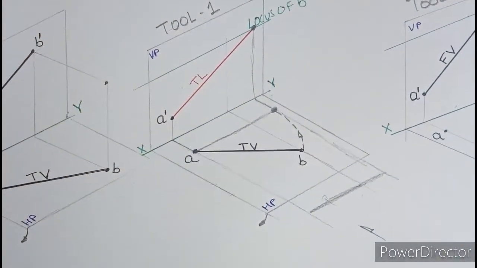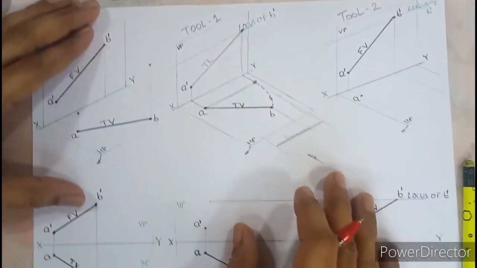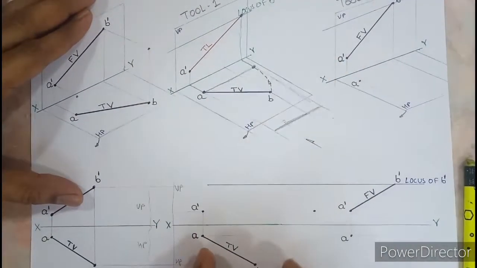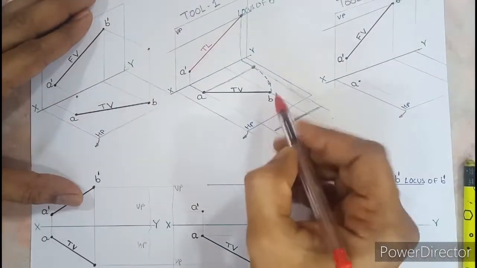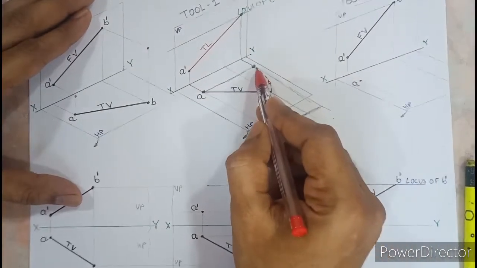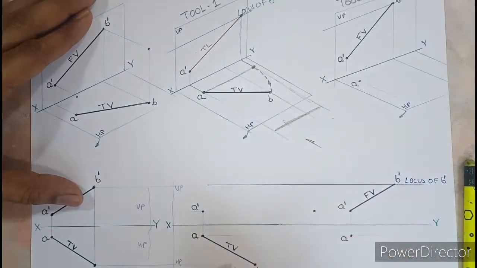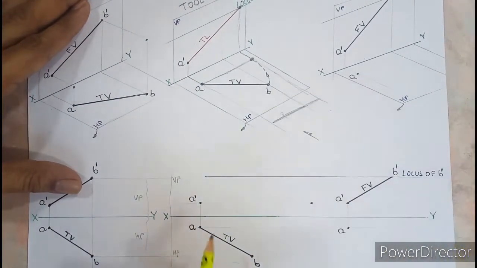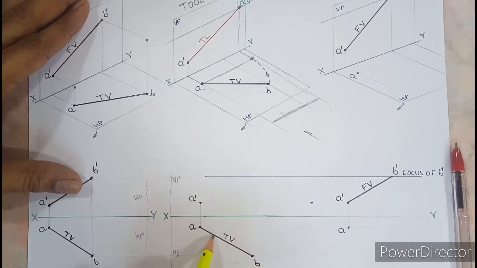Now furthermore, if you turn HP down and apply the same concept here, what am I supposed to do? First of all, rotate the top view, but till what level? Till the level of A. Look at this diagram. In this diagram, point A is fixed and B is moving, isn't it?